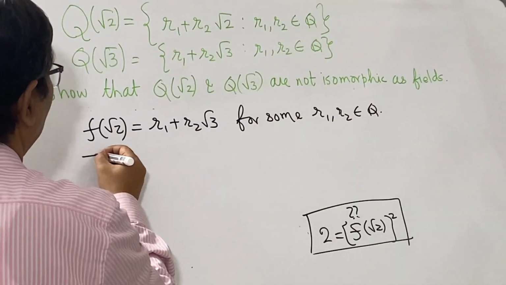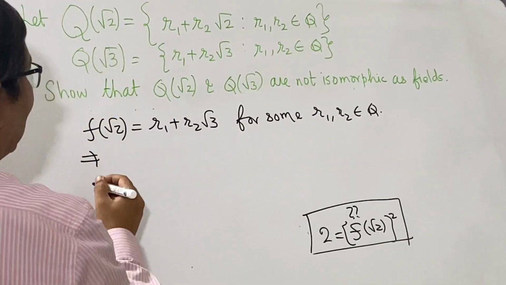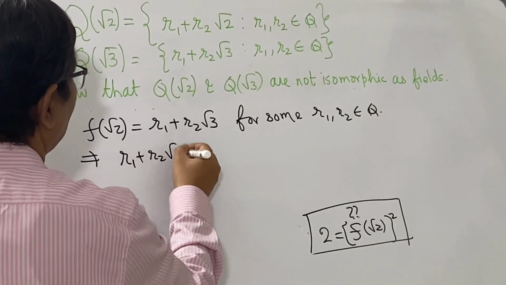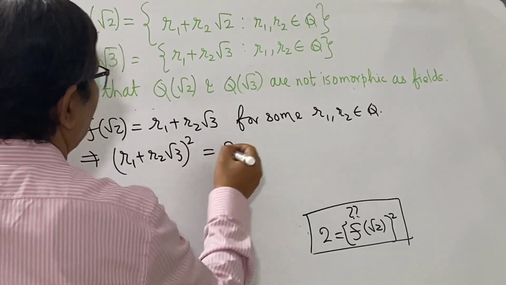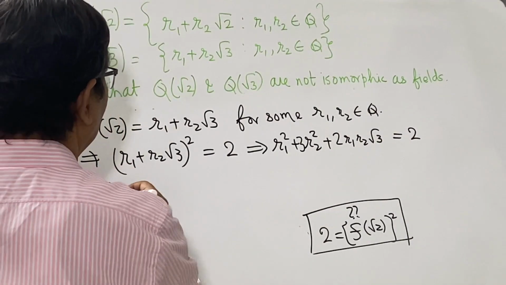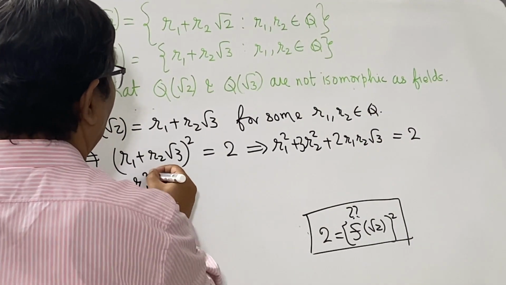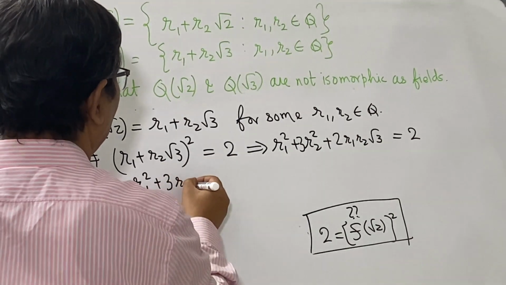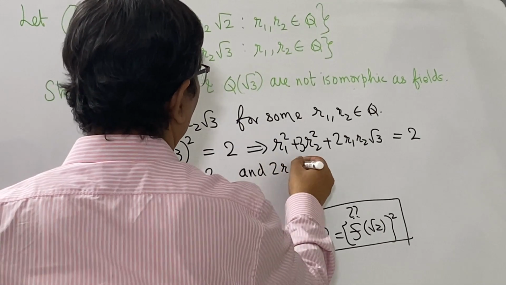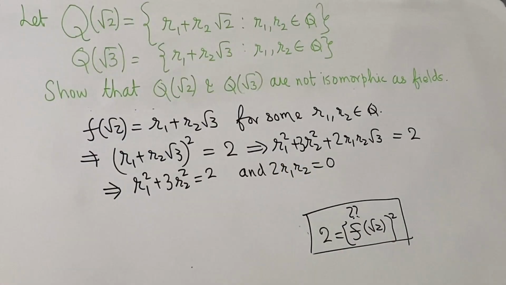So what this equation is claiming is that r1 plus r2 root 3 whole square is equal to 2. Expanding, r1 square plus 3 r2 square plus twice r1 r2 root 3 is equal to 2. And we know that this would mean that r1 square plus 3 r2 square is equal to 2 and 2 r1 r2 is equal to 0. This is from basic algebra.